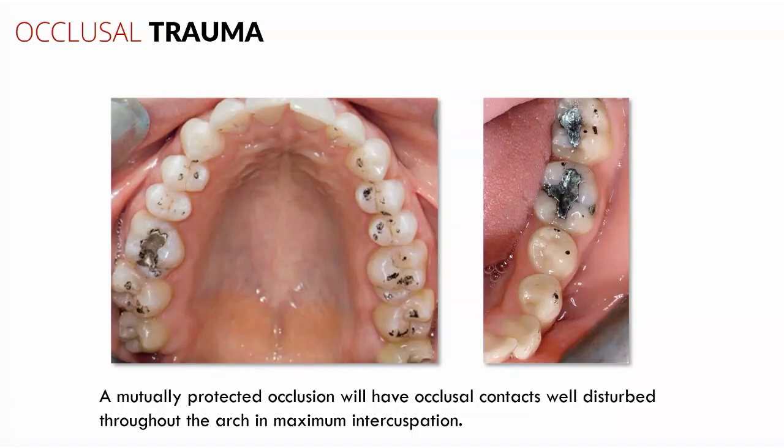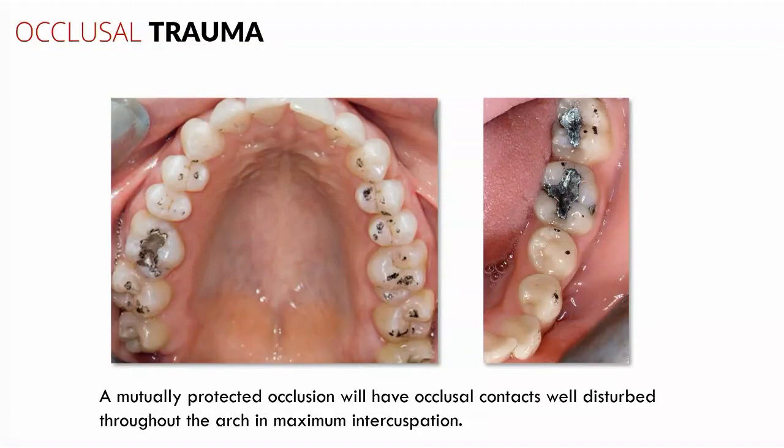So when we look at a normal occlusion, this mutually protected occlusion, we're saying that the back teeth help protect the front teeth because they take on the majority of the load in maximum intercuspation. When the patient bites down and clenches, all the teeth touch. This photo depicts all the points of contact tooth to tooth.